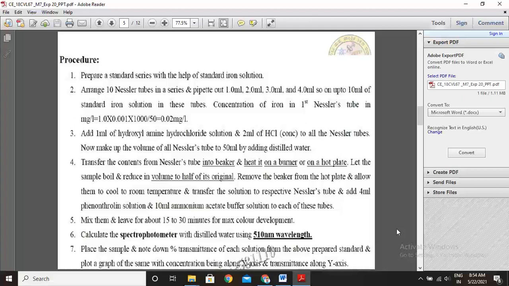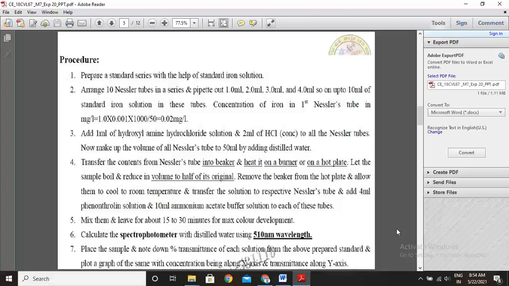Next, add 1 ml of hydroxylamine hydrochloride solution and 2 ml of HCl to all the Nessler tubes. Now make up the volume of all Nessler tubes to 50 ml by adding distilled water. So in the third step, after adding hydroxylamine hydrochloride solution and 2 ml HCl, you maintain the equal volume of 50 ml.